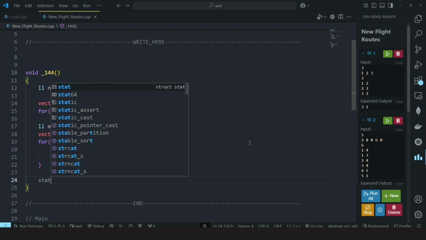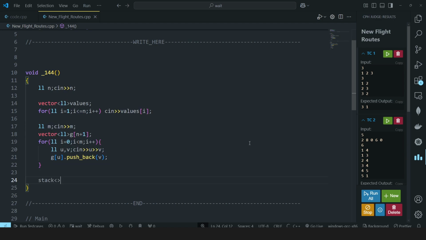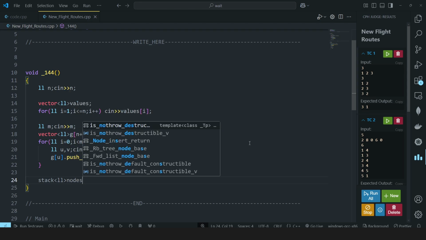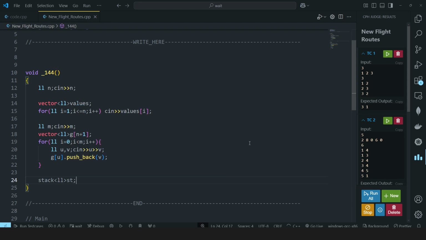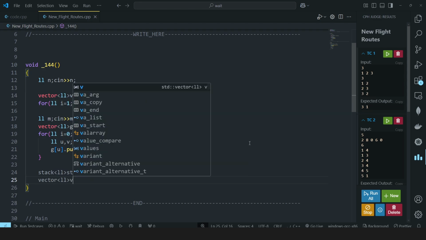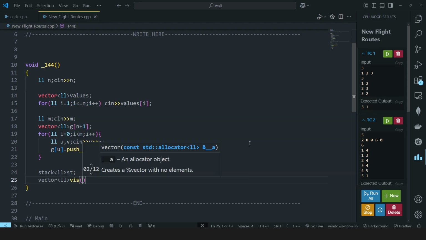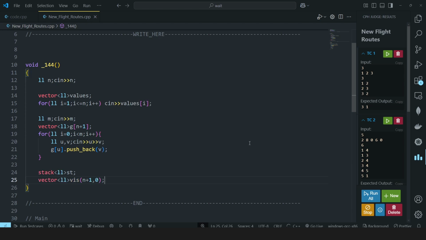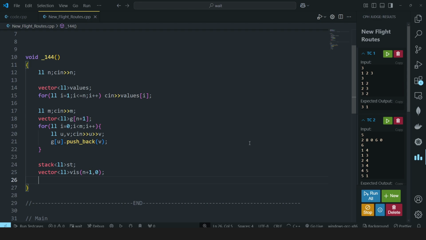So for that I'll be using a stack to store the nodes according to their end times. Let's name it st, and I'll also be using a visited array, viz, of size n+1, and initially every element is unvisited.